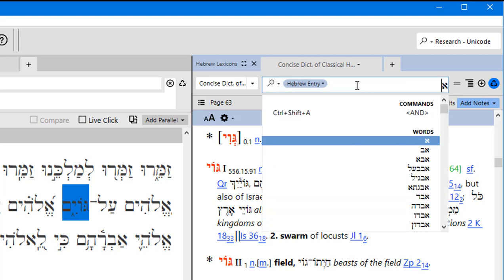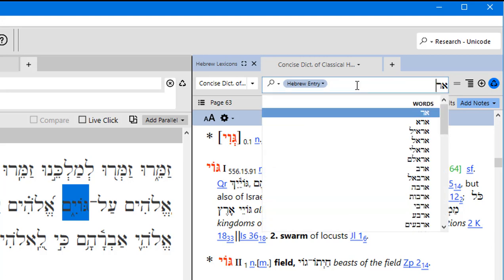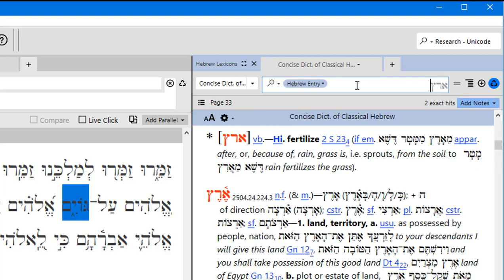Well, let's go somewhere else so I can prove that I'm actually getting there. So we'll go to Eretz. Now I'm going to come over here and put my cursor at the far left, and then hit backspace. Another way to do that is just to highlight the whole thing. In any case, backspace, delete, get rid of everything.